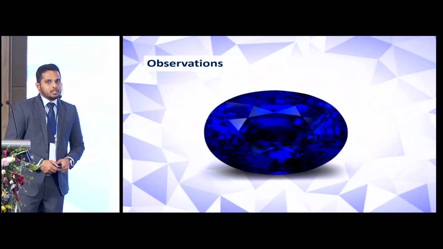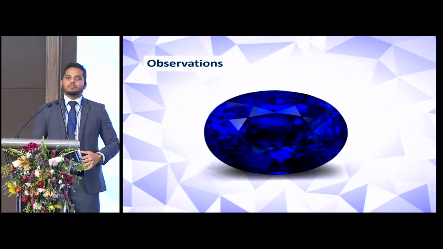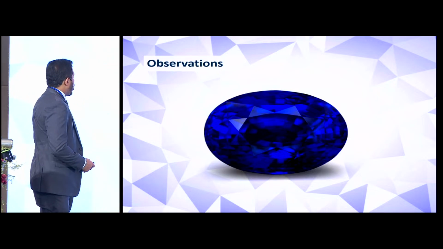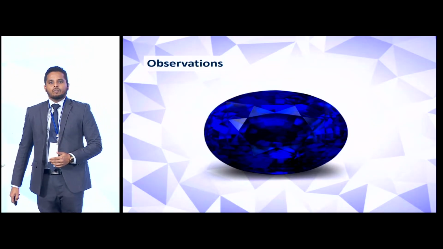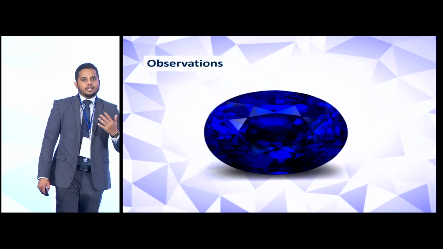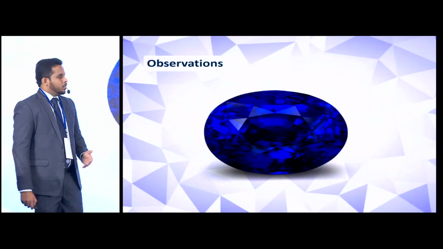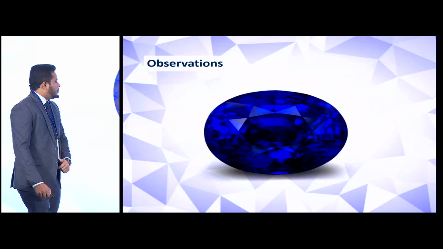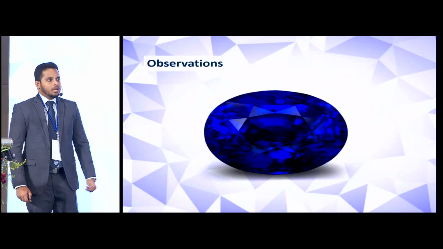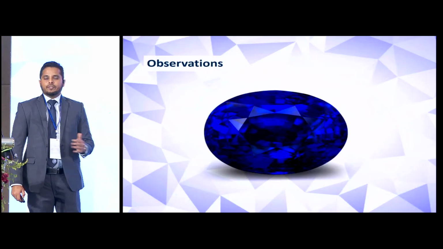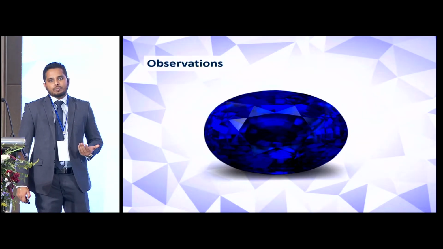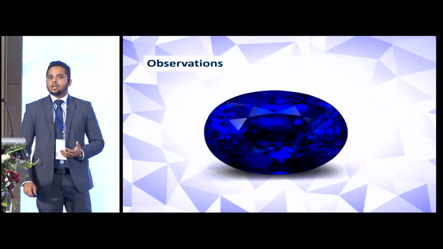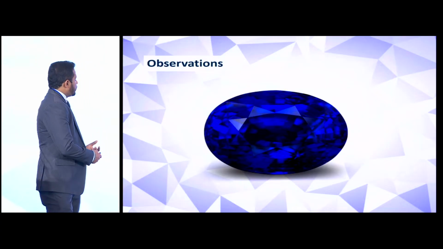So observations. This is where I'm starting my topic. Observation is very crucial when you are going to take a decision on a gemstone. Once you look at a gemstone in different magnifications, you can make different observations and come to your conclusions.